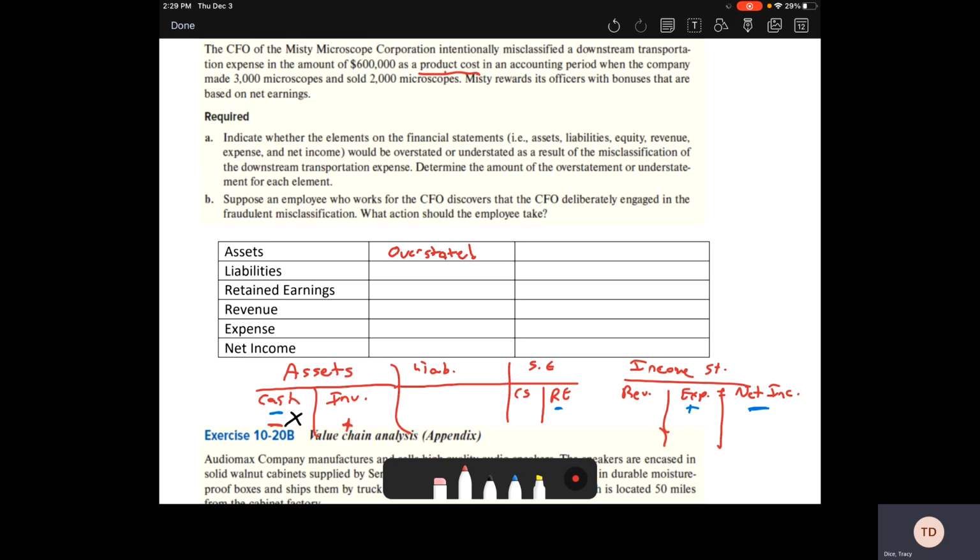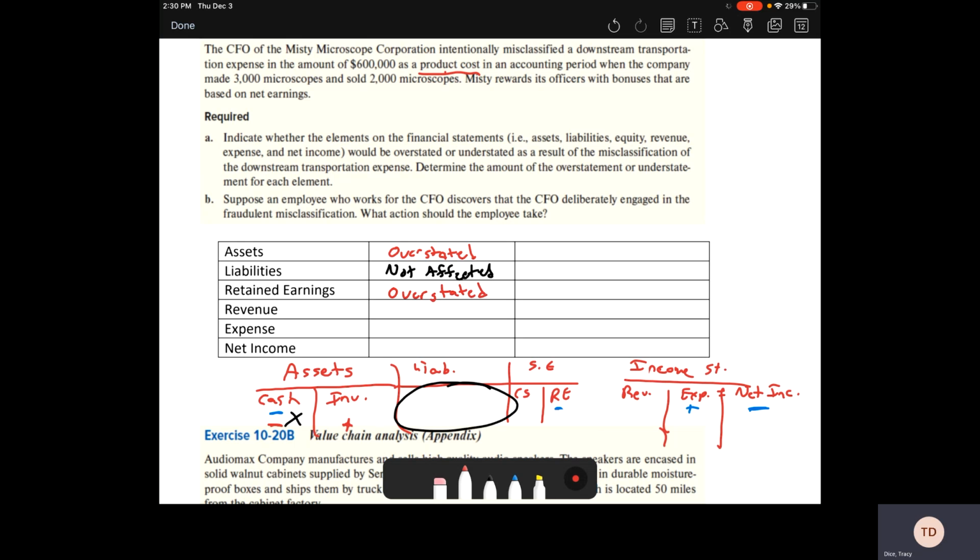Our liabilities, nothing happened to that, so our liabilities are simply not affected. When we look at retained earnings, something should have been taken out of it. Instead, nothing happens. Because of that, our retained earnings are also going to be overstated because they're going to be higher than they should be.